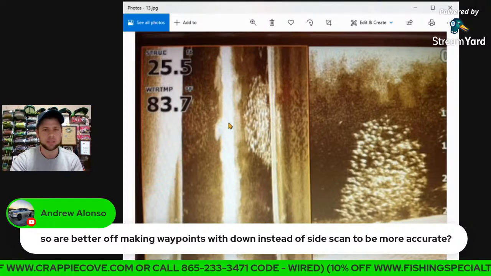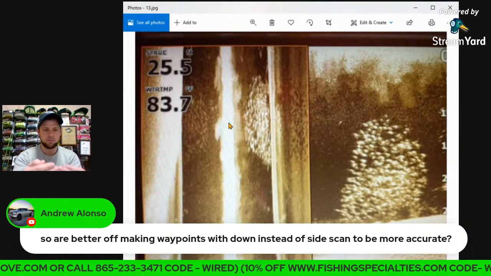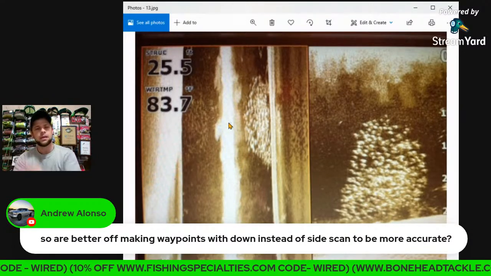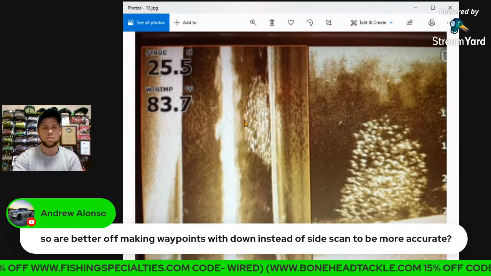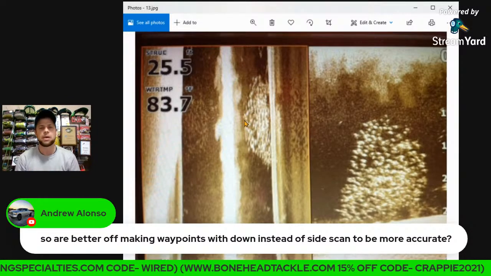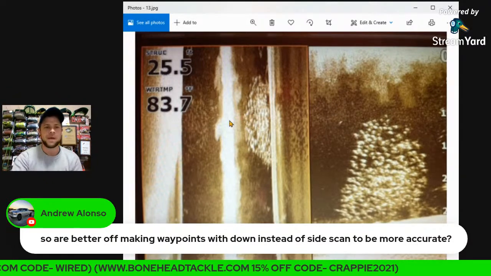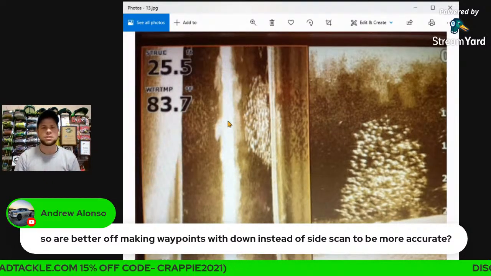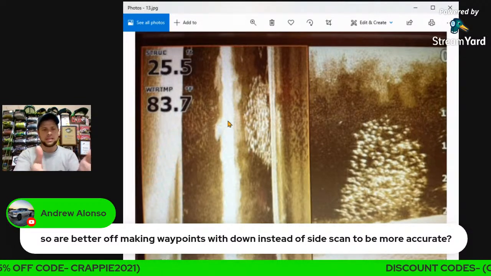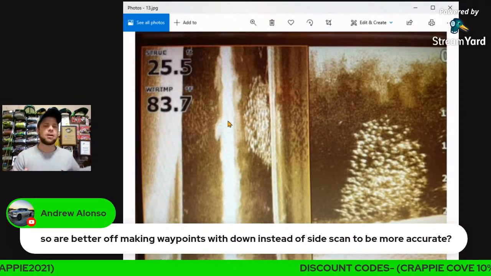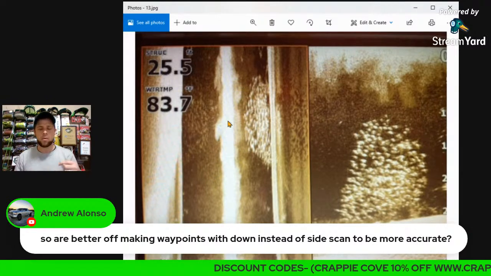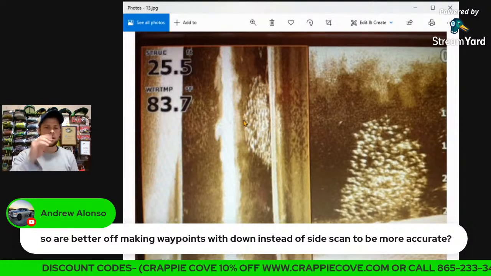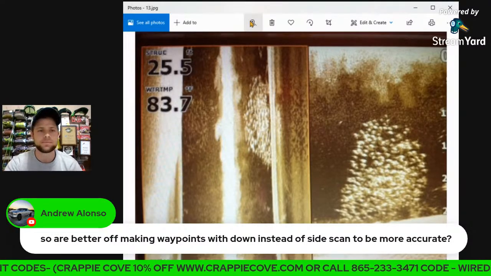We know, because of what I told you 2 minutes ago, that those fish are a little bit over to the right. So we're going to ease that cursor over and boom, right there is where my waypoint's going to go down. If I put my waypoint here, I'm going to be 8 to 10 feet off those fish when I go back to that waypoint. So I want to move that waypoint over just to the top of that and mark it.